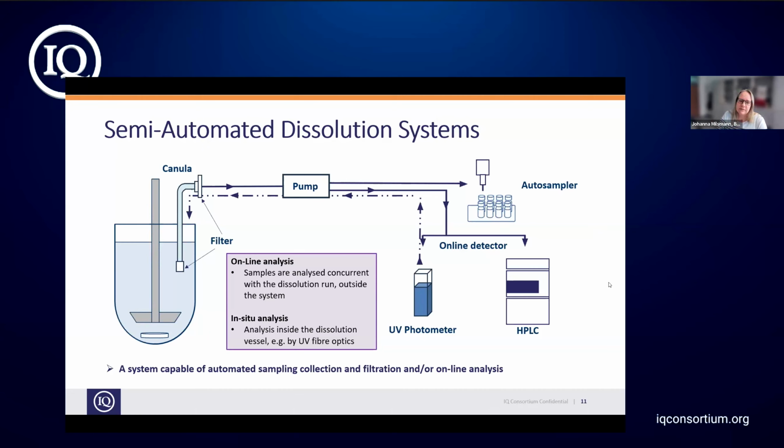In contrast, in situ analysis is the analysis directly inside the dissolution vessel, which can be done, for example, by introducing a UV fiber probe, which is then put directly into the vessel and basically omits the need for filters or tubing. But on the other hand, it potentially introduces some kind of disturbance within the vessel.